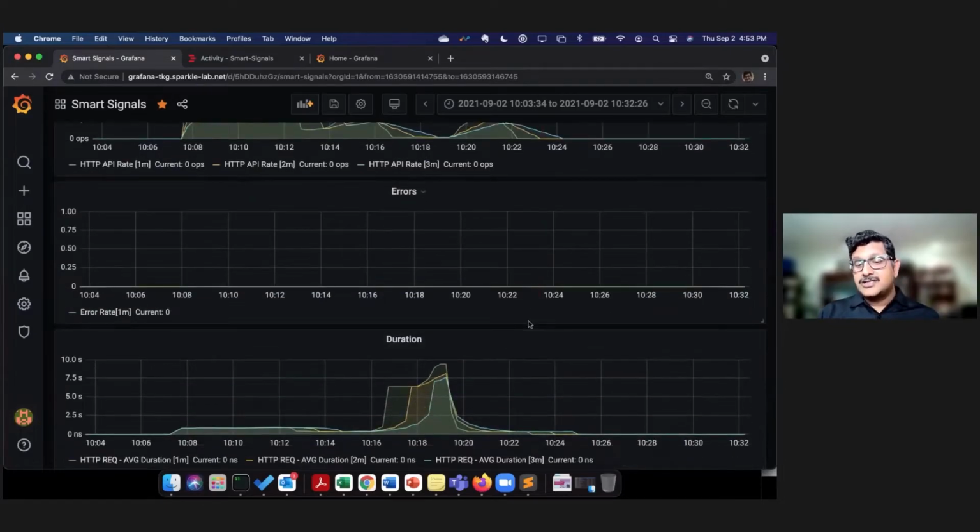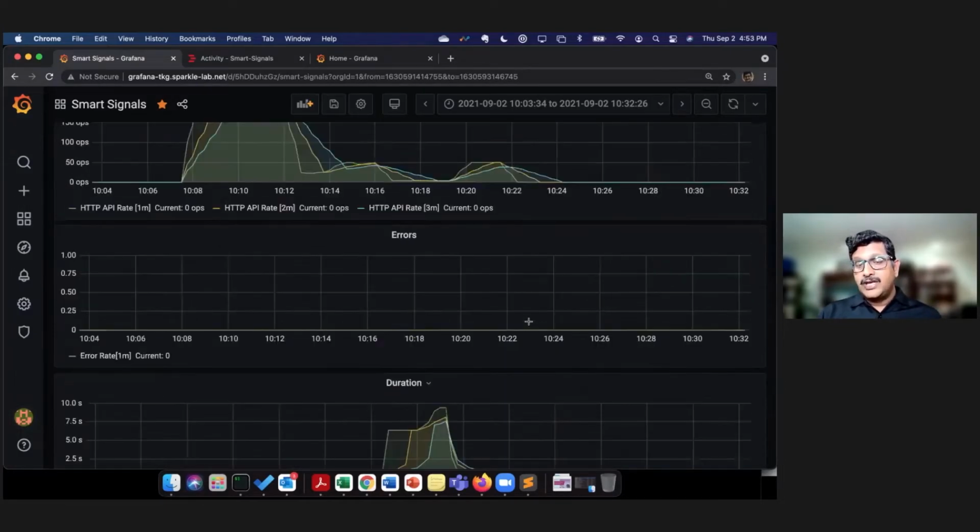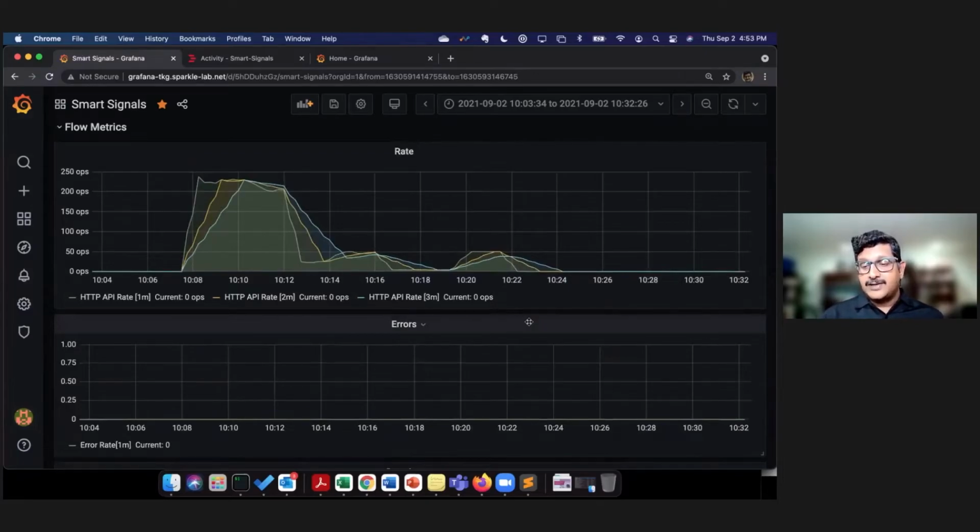All these conditions are handled because we have these smart signals which we have created based on the metrics, and those signals are handled to do the remediation. Of course, all these remediations are possible because of the Kubernetes cluster and the kind of pod capabilities we have as part of Kubernetes.